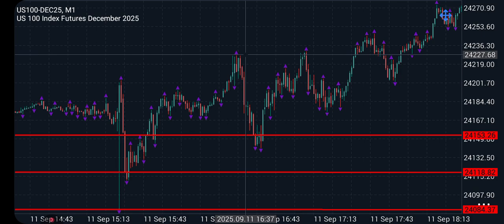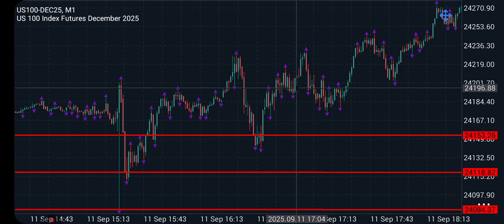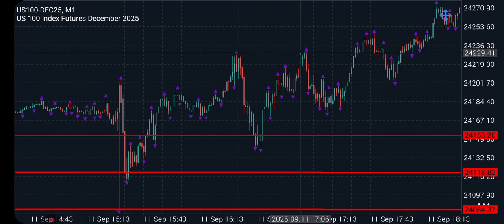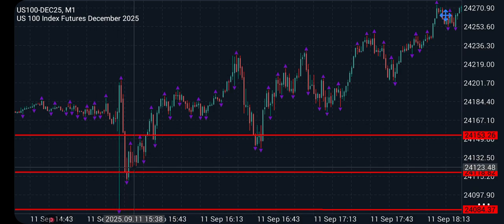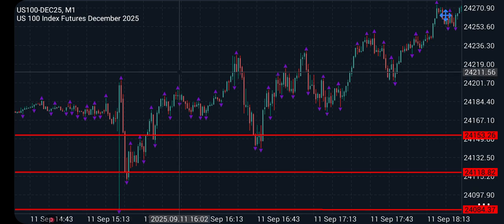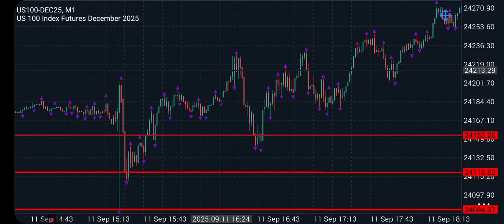Assuming that you take a trade from here, you might have been profitable by exiting here. Assuming you also took a trade somewhere here, you might have been profitable exiting somewhere here. So you can see how prices tend to behave once they get to these price reference points. This is actual support and resistance.